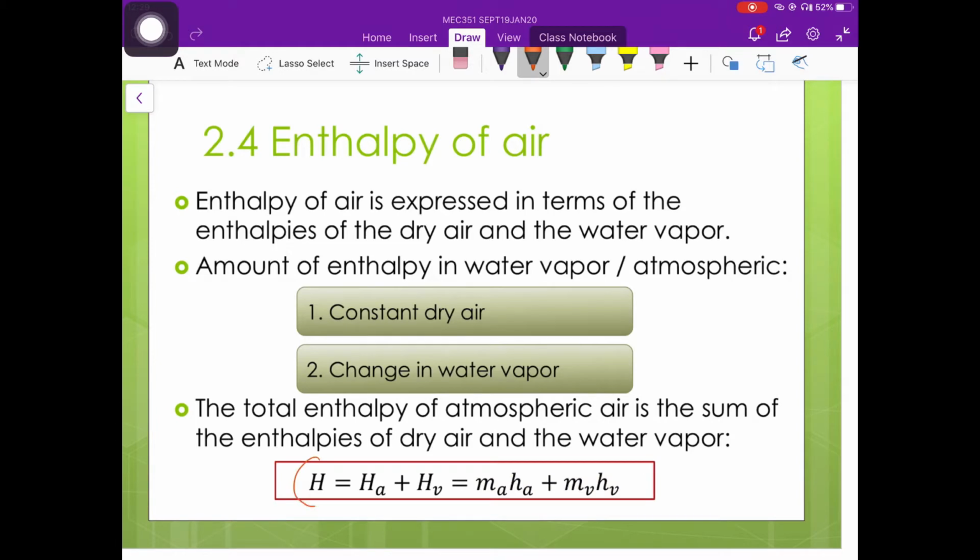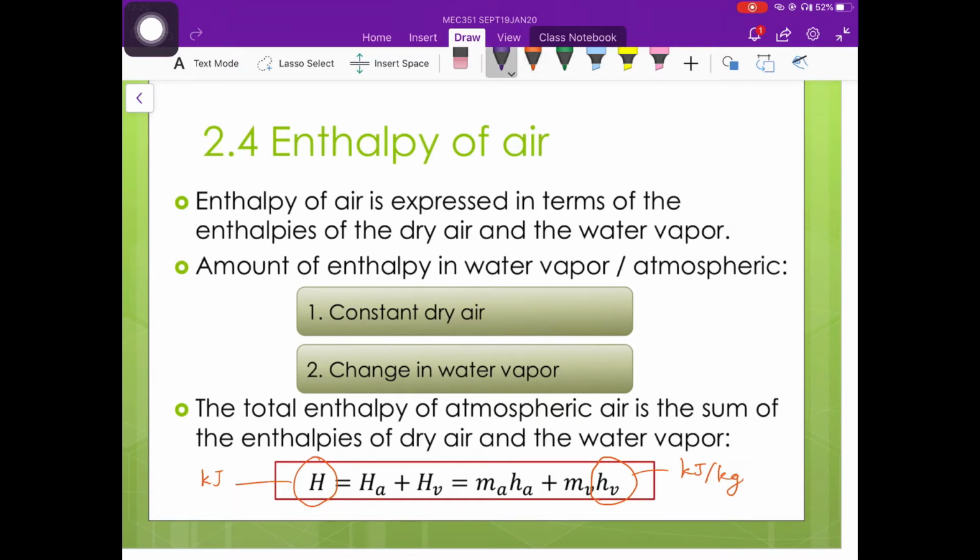Note that this symbol of enthalpy that is written in capital letters represents the unit of kilojoule, while the symbol of enthalpy that is written in the small letter is in the unit of kilojoule over kilogram.